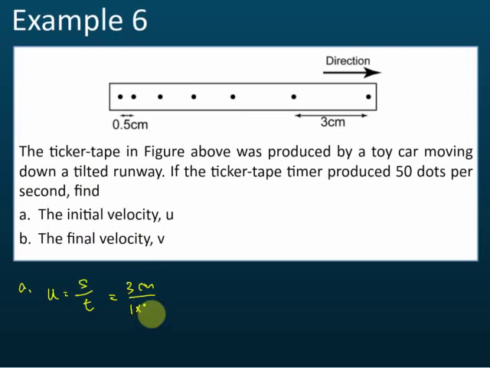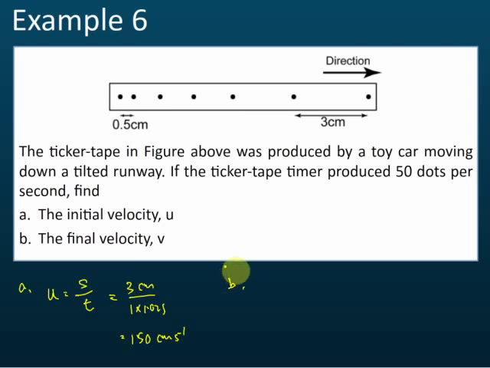One tick times 0.02 seconds, so this is equal to 150 cm per second. That is the initial velocity. We take the distance traveled divided by the time taken, and the time taken is one tick.